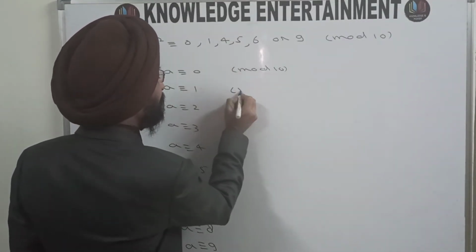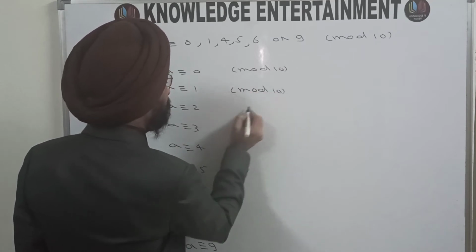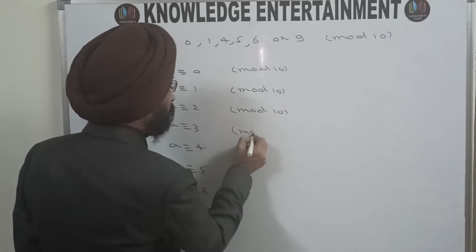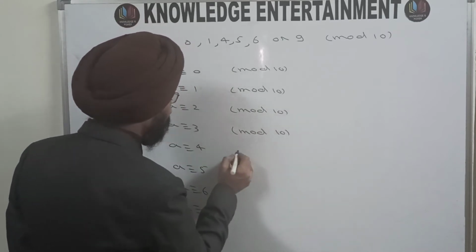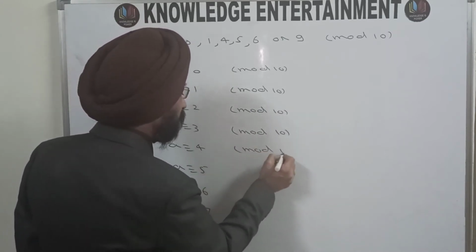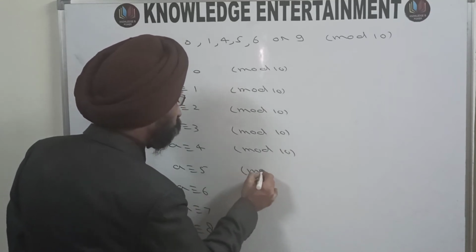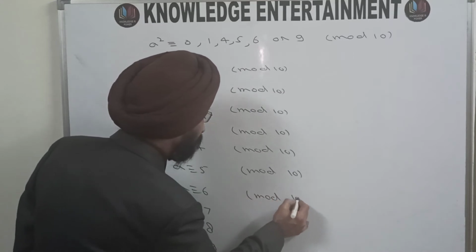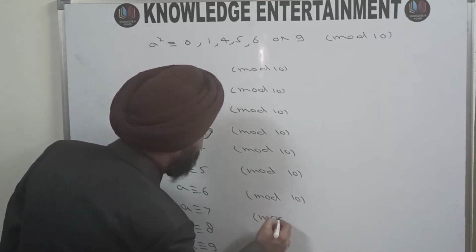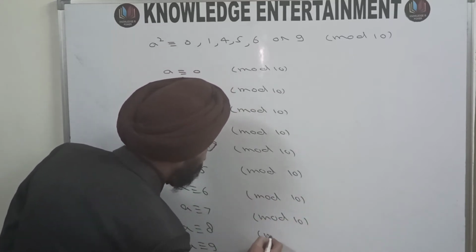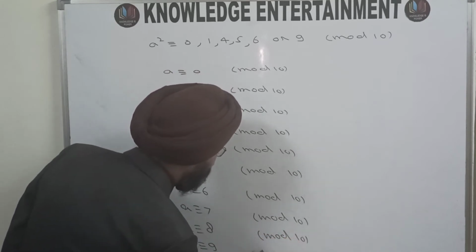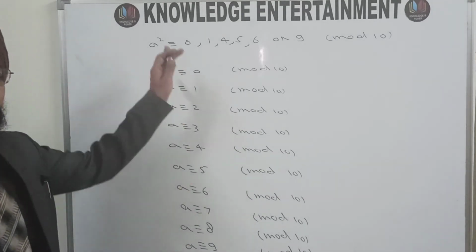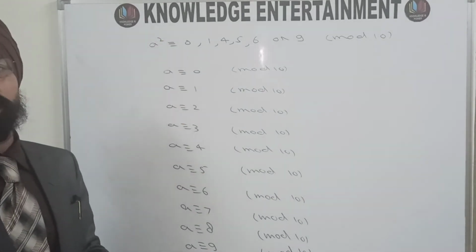If you divide a number by 10, then your remainder can be 0, 1, 2, 3, 4, 5, 6, 7, 8 or 9. These are the only possibilities. There is no more possibility. All the possibilities I have written down here on the board.